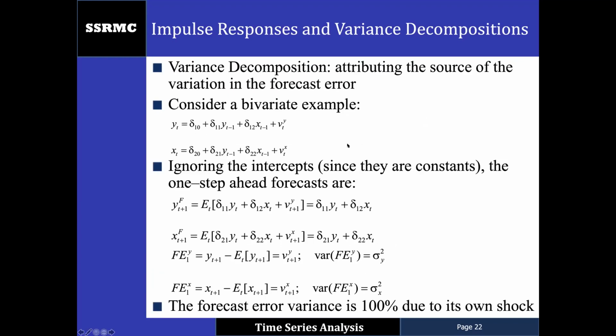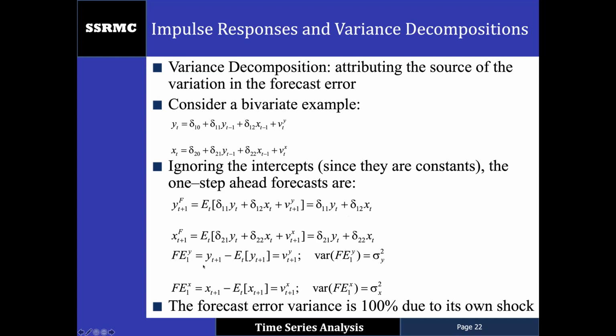Now let's consider a bivariate example. So we use this regression model, and we have lag terms of both yt and xt in the equation. Then we can ignore the intercept term because they are constant. They are not going to change over time. And we make a one step ahead forecast.